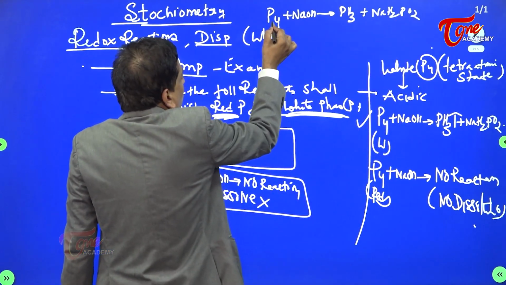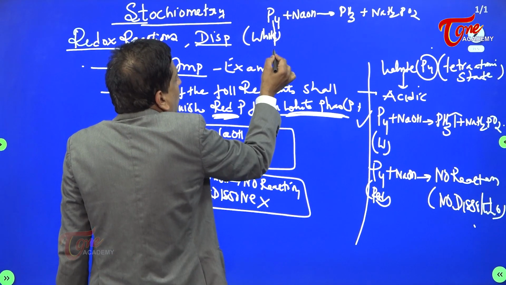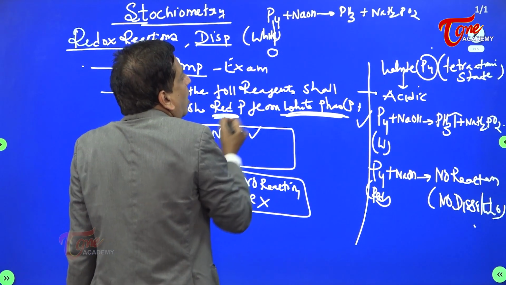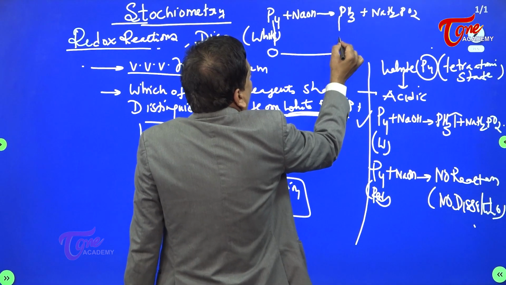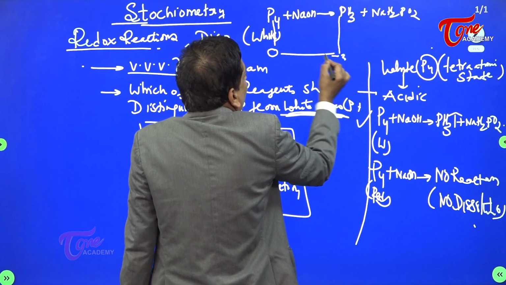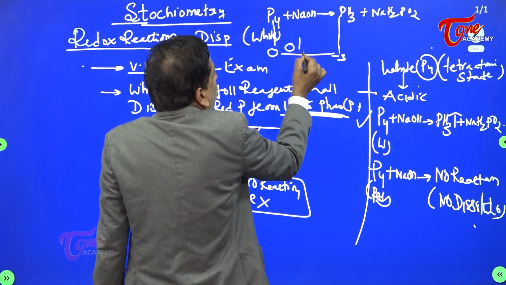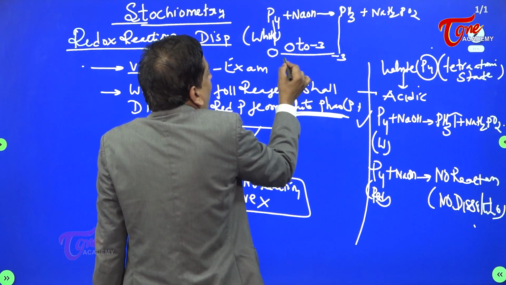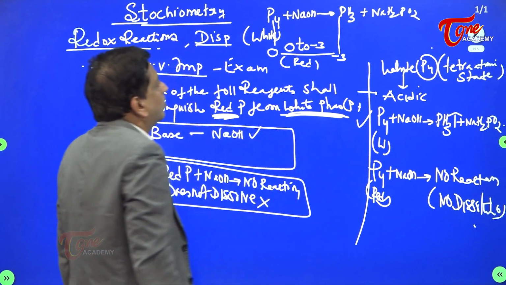Look at this: P4 is tetraatomic, an elemental state, so its oxidation state is 0, and in phosphine it is -3. So 0 to -3 is basically reduction.